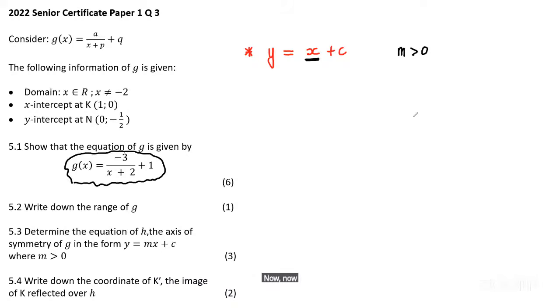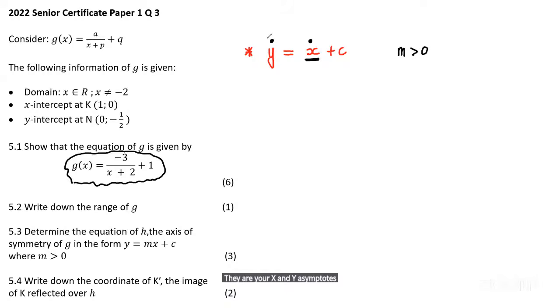Now, it's important to understand, and there are many ways to do this. When looking for the axis of symmetry for a hyperbola, the format is y is x plus c. The values that you see here are your x and y asymptotes.